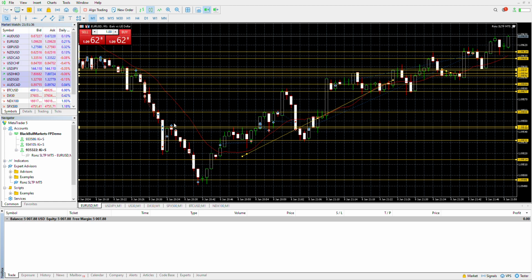And so what happened was, this is a point where there is a resistance here. It touched the resistance and pulled back, touched it again, pulled back, and then it ramped up.